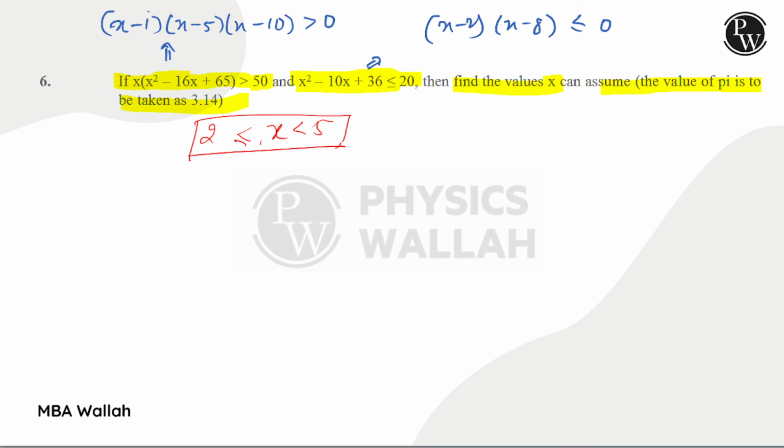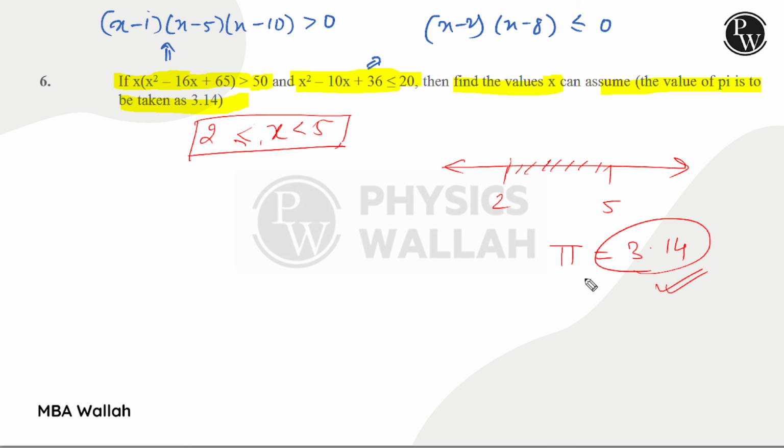Now think about it, what values can x take in that? We are supposed to look only at this range from 2 to 5, because we are combining the two expressions. So in this range, the only possible value that satisfies is 3.14 or pi.